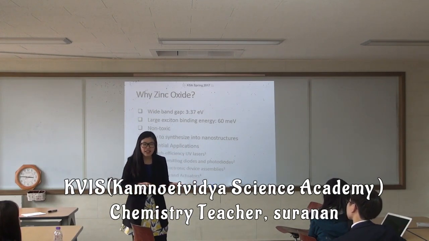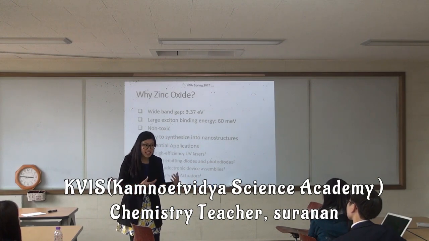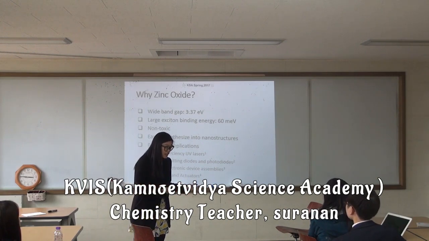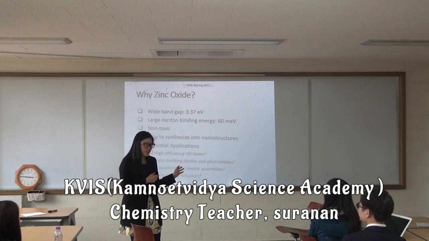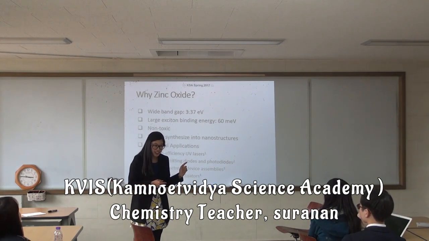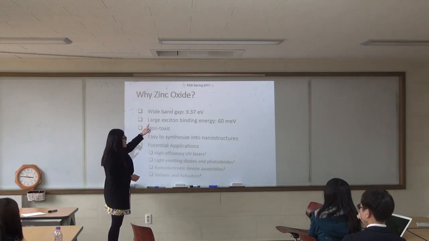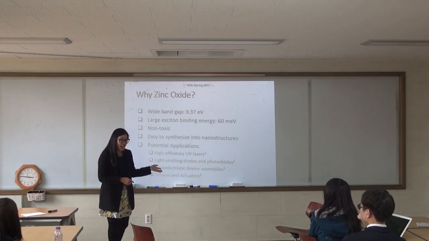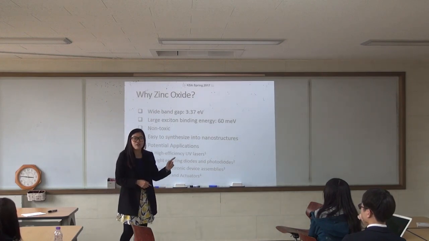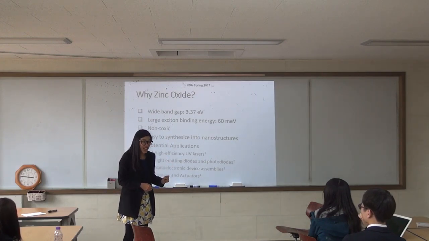There are various methods to synthesize nanostructured materials, but for this research we use a really simple way, as you will see later. Zinc oxide has a lot of applications, but today I will focus on gas sensor applications.